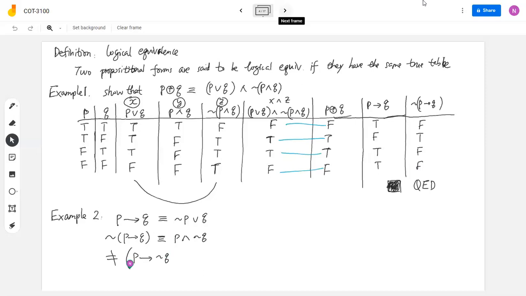P implies not Q, by our first row, is equivalent to not P or not Q. So you can see that the negation of P implies Q is P and not Q, and then P implies not Q is equivalent to not P or not Q. So these two are different.